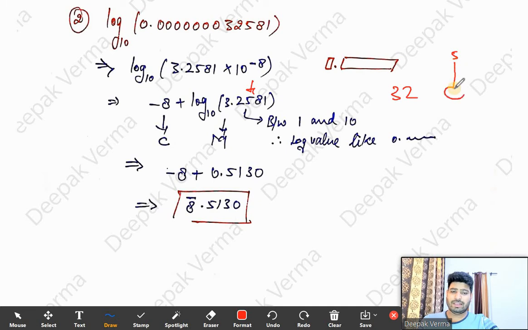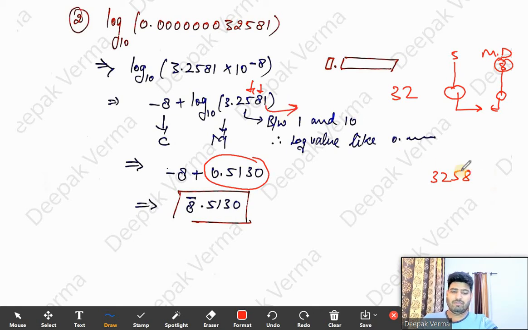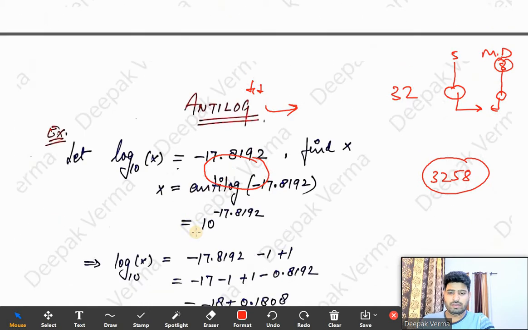We will look at the value, then the mean difference, column number 8, and add this value to that value. Finally we will get 0.5130. Is it clear? For the time being we write down 3258 and leave the last digit. We don't require it, we require only the first 4 digits. Got it? So now let's look at the log table.